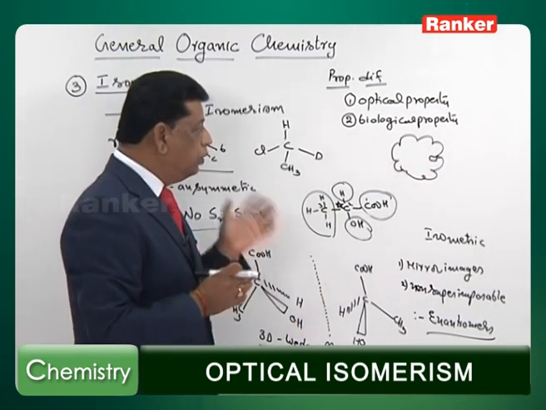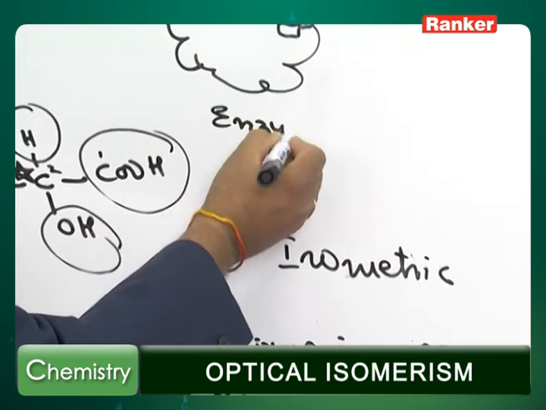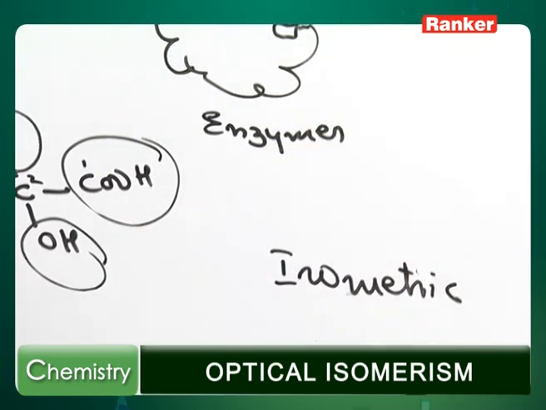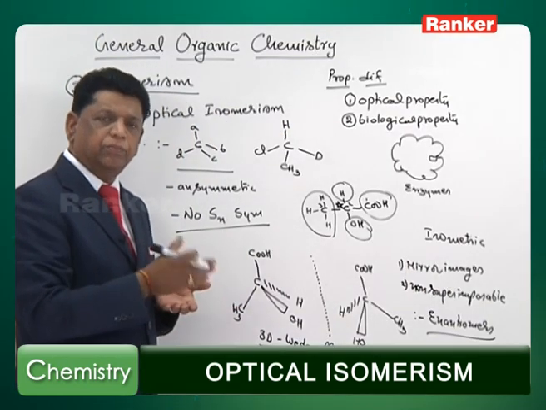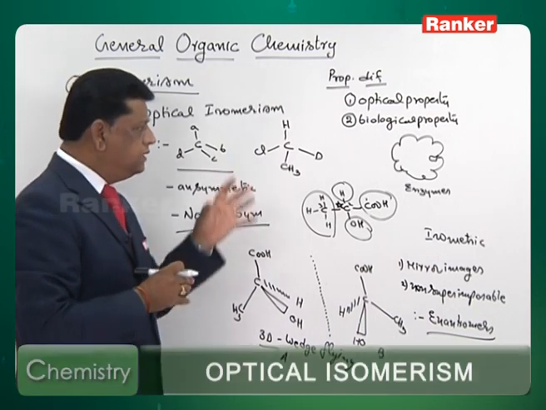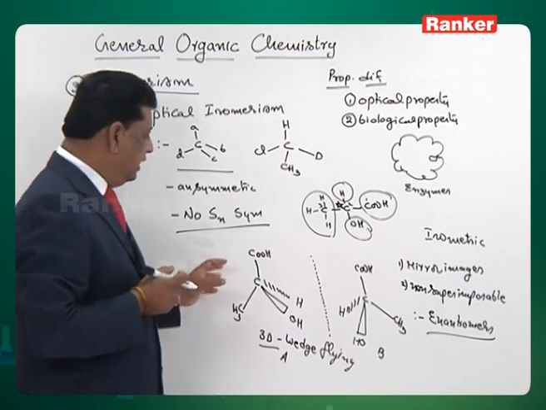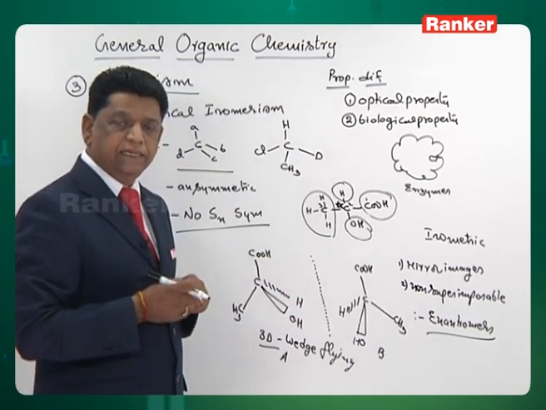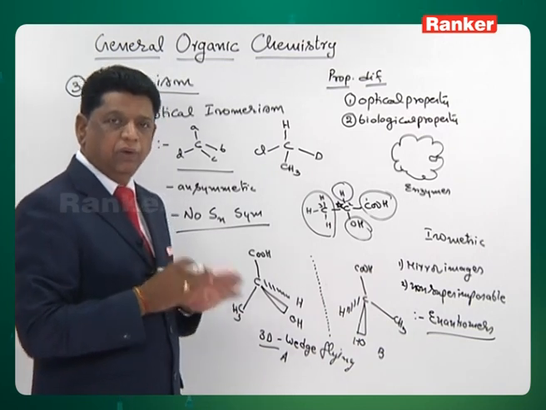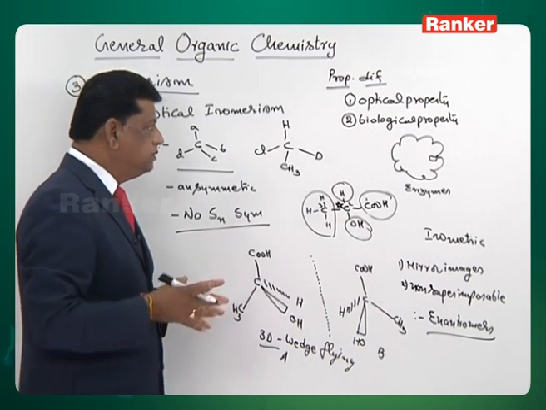That's why so many enzymes will have reactivity to only one compound. There is no enzyme that sets on both compounds. All enzymes are three-dimensional and so specific. If, let us say, D-glucose is able to react with one enzyme, L-glucose under no situation is able to react. So enzymes are so specific.